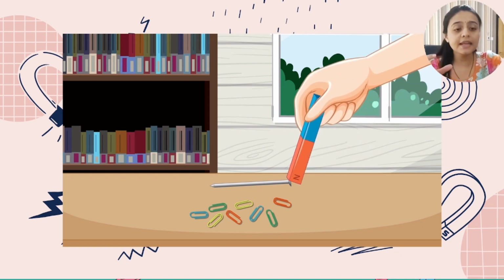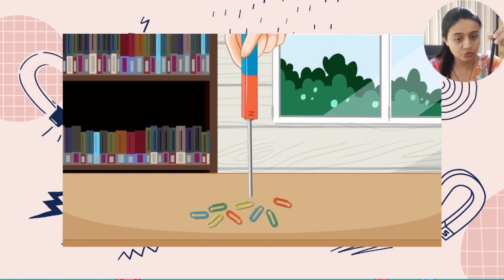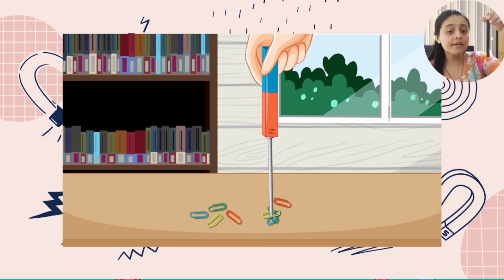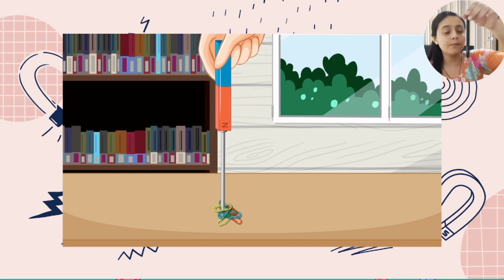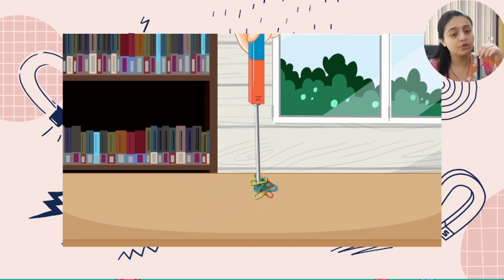This is the magnet approaching the iron nail, and that iron nail is now acting like a magnet, attracting all the paper pins with it. So we can clearly see that the magnet attracts the metals, and those metals start acting like a magnet themselves, attracting all the other materials made of metal or iron, which stick on it. Let's see further.